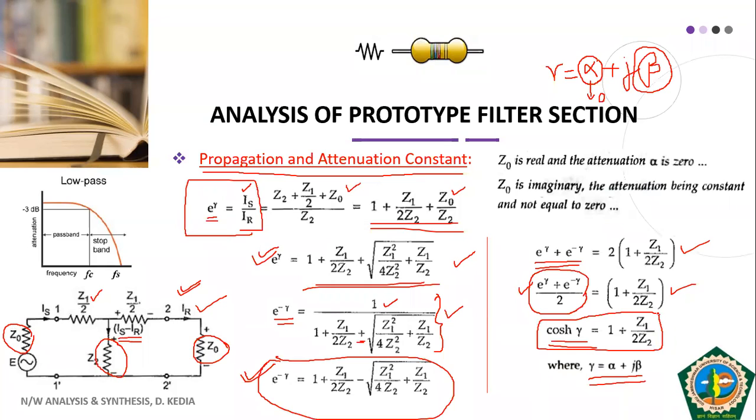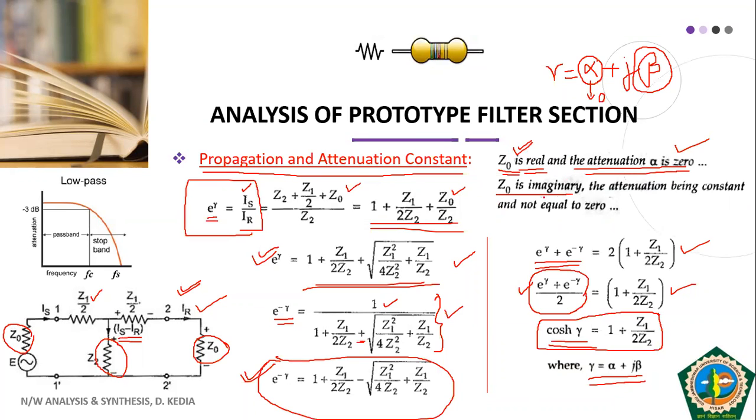Now one important concept that we need to understand: once we have determined the characteristic impedance, that is z naught, if the value of z naught is real, then attenuation will be 0. Zero attenuation means pass band. So for the pass band the value of characteristic impedance will be real and attenuation will be 0.